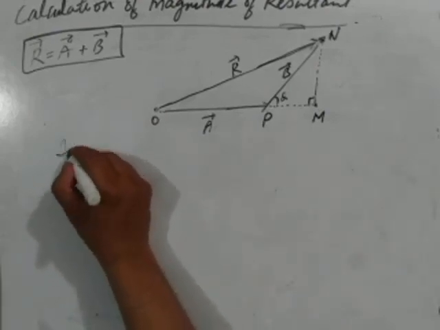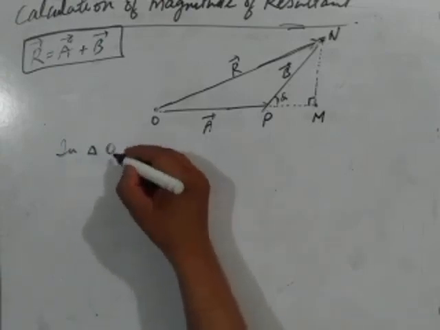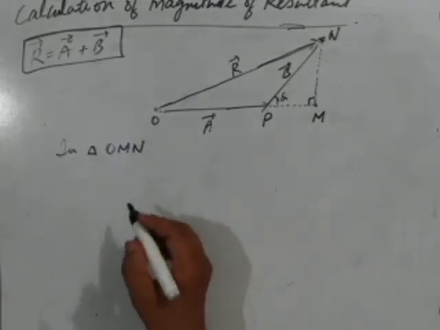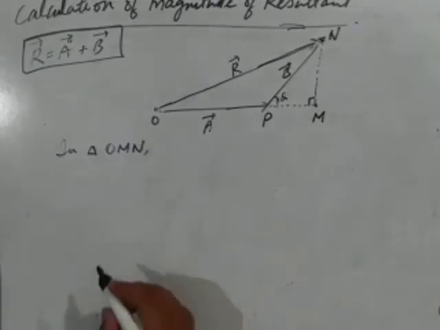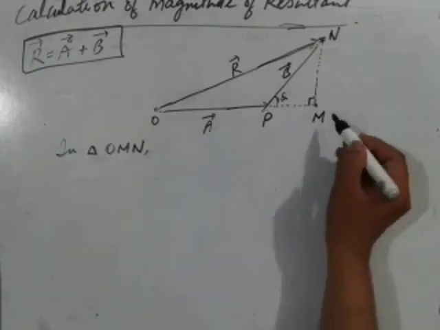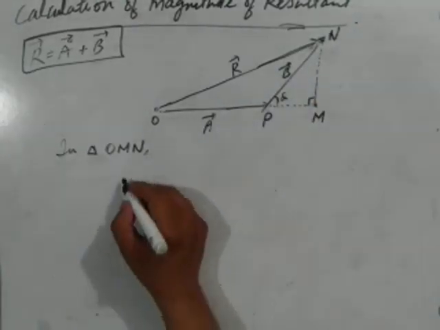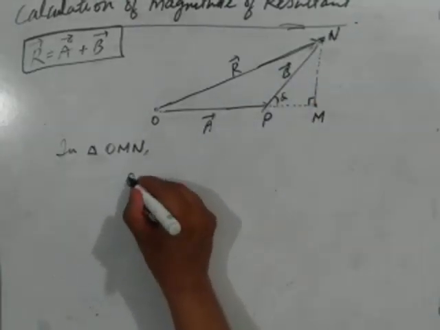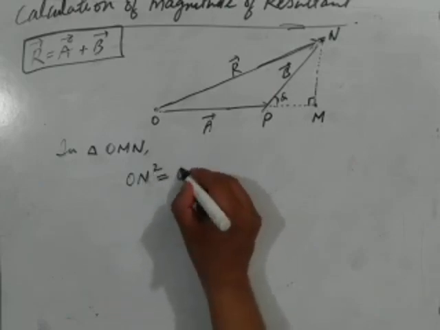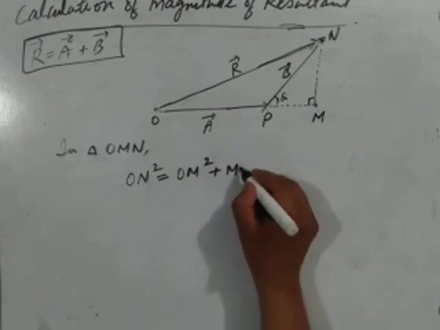Now in triangle OMN, we know according to Pythagoras theorem, base square plus perpendicular square is equivalent to hypotenuse square. So hypotenuse square ON square is equivalent to OM square plus MN square.